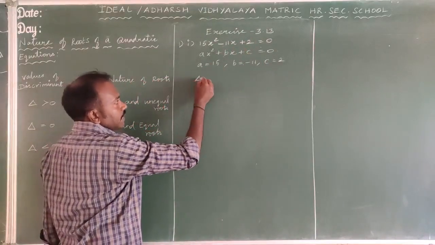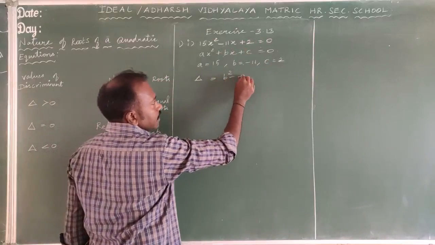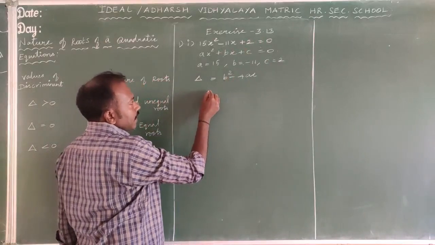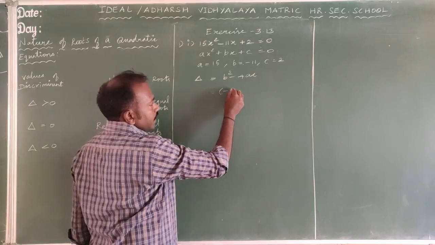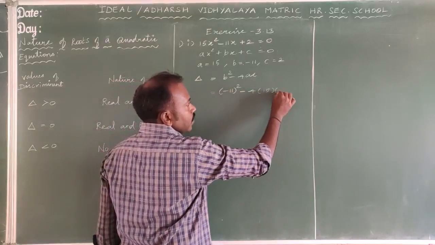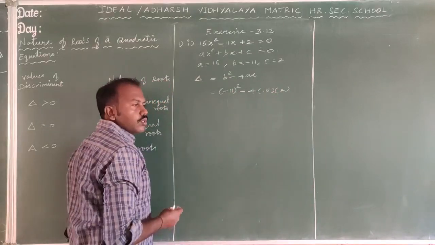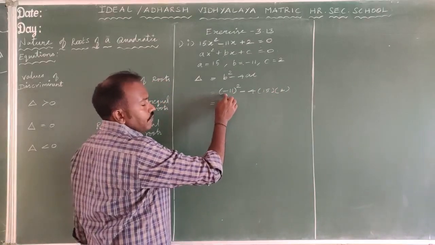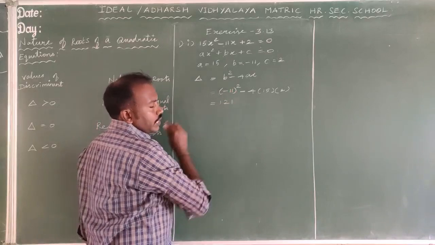Applying the formula, discriminant is equal to b square minus 4ac. Then b square minus 4ac, minus 11 the whole square minus 4 into a into c, then 4 into 15 into 2. Here minus 11 the whole square we get plus 121.